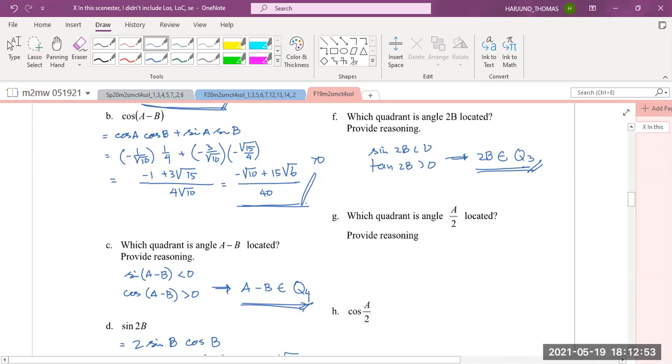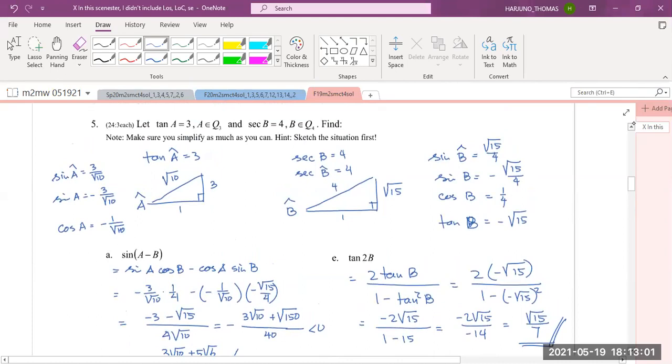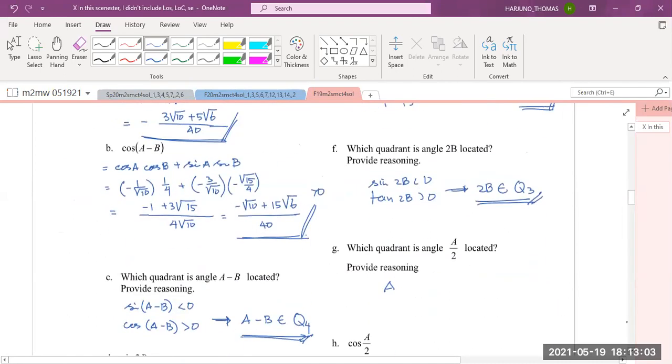Which quadrant is angle alpha, A over 2, located? Angle A is in quadrant 3. So A must be between pi and 3 pi over 2. Or you can also use degrees if you like.